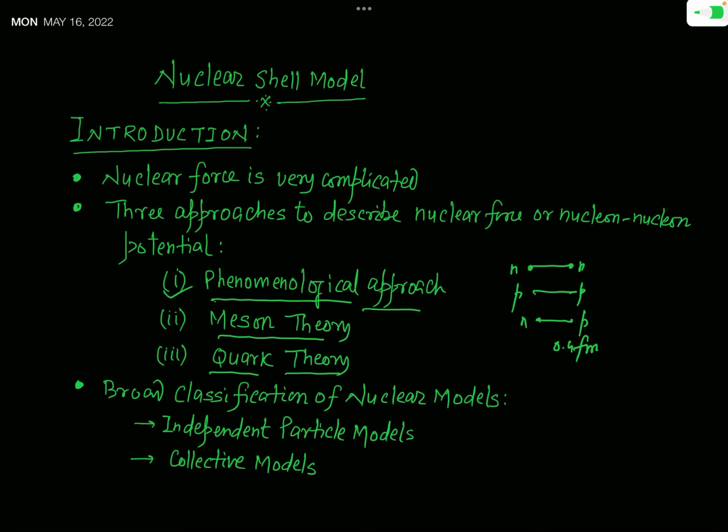When you talk about nuclear models, broadly we can classify them into the following groups. The first is known as independent particle models and the other is collective models. This is the broad classification, although a large number of nuclear models have been developed, which we will see separately.